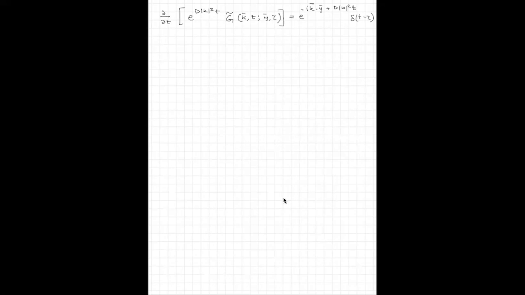So G tilde of k, t, y, tau is equal to e to the minus i k dot y, minus d mod k squared t, integral from 0 to t of e to the d mod k squared u, and we're integrating now, so it's delta of u minus tau, du.